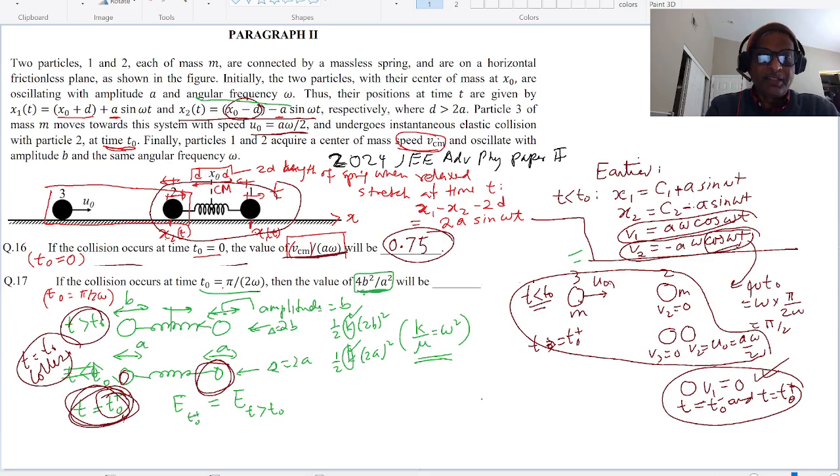So in this situation this guy has v equal to 0, but this guy has v equals a omega over 2, moving that way. This is at rest. It is stretched by 2a. So this is the situation here.